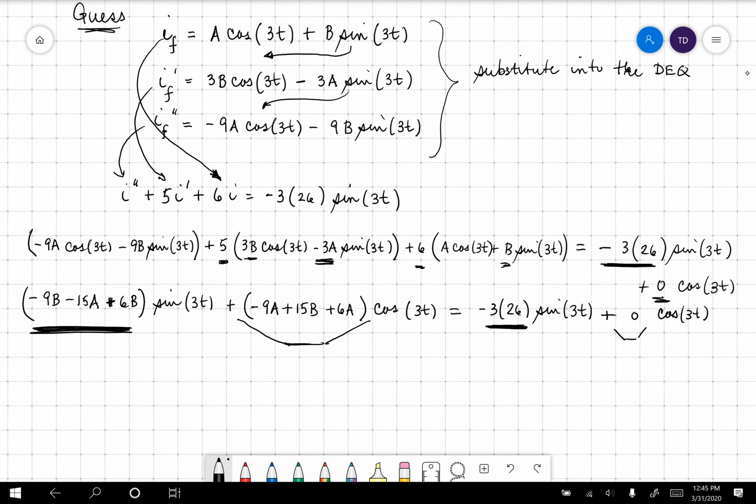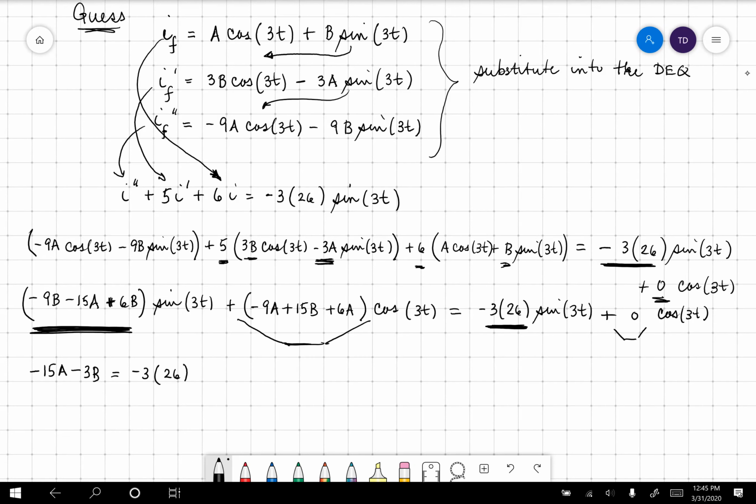So let's assign those. So minus 9b, actually, let's clean it up right now. So I have minus 9b plus 6b, that's minus 3b, and I have minus 15a, minus 15a minus 3b, and that must be equal to minus 3 times 26.